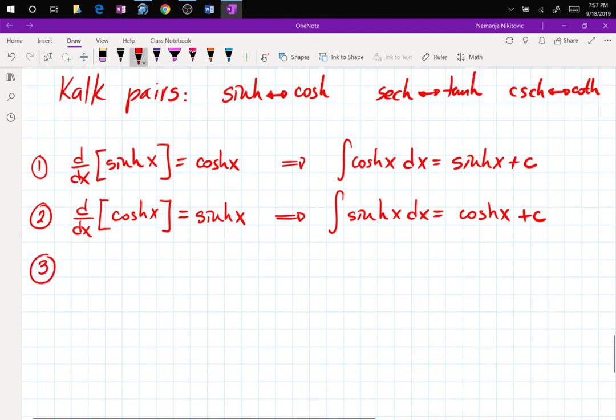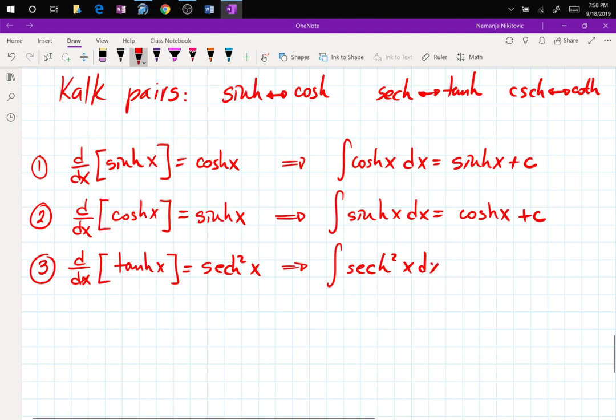Line number 3, the derivative of tangent hyperbolic x is secant hyperbolic squared x, exactly the same as your trig. And now the integral of secant hyperbolic squared x dx is going to give you tangent hyperbolic x plus c.